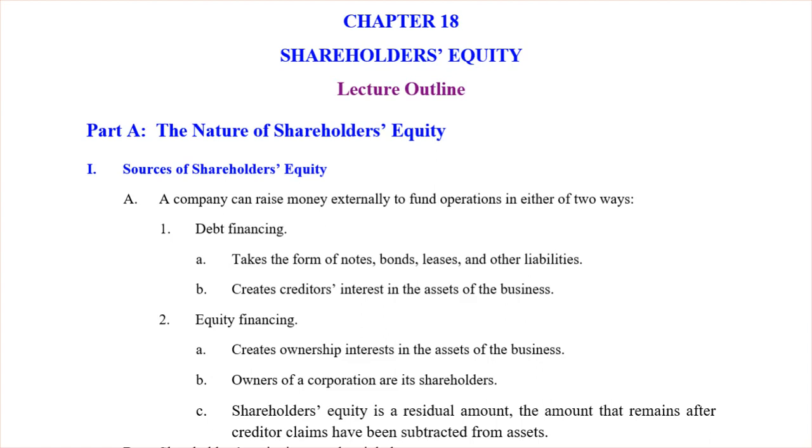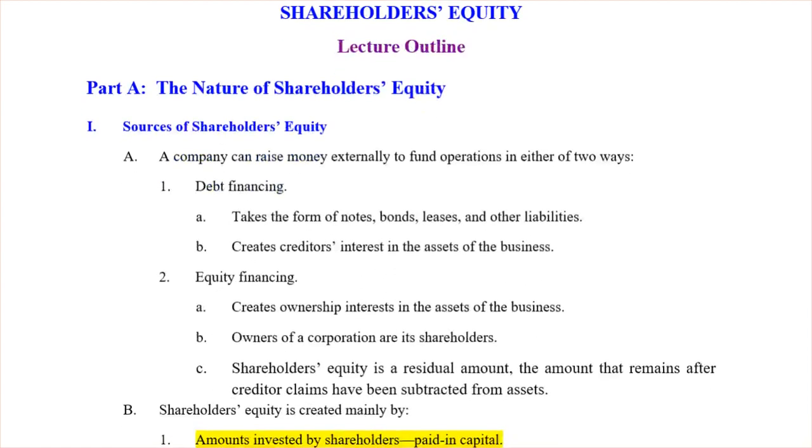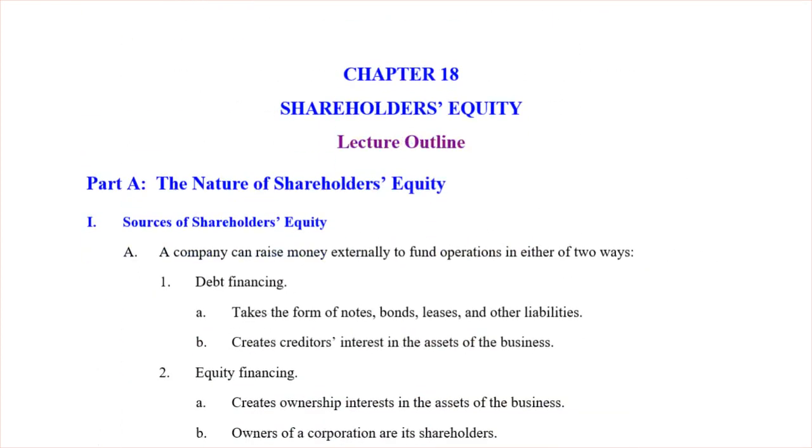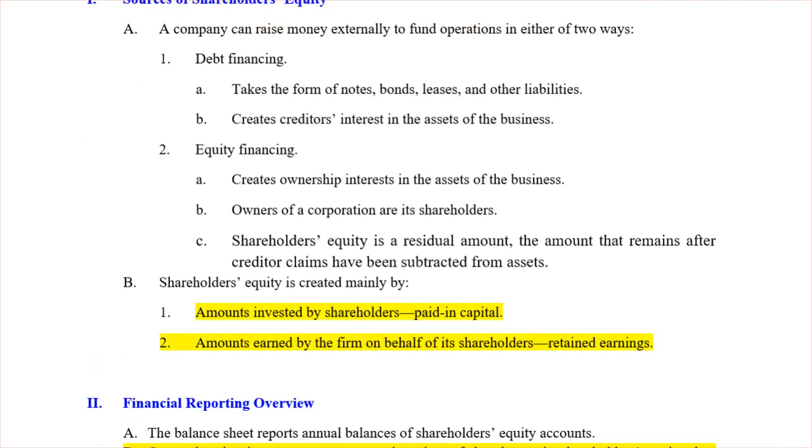Then when you go down and you look further at equity, you notice in B here it says that there's two types of equity, and the two types of equity they say is paid in capital, and you know how I hate that by now, right? It's called contributed capital because it's a gift. And the other one is retained earnings.